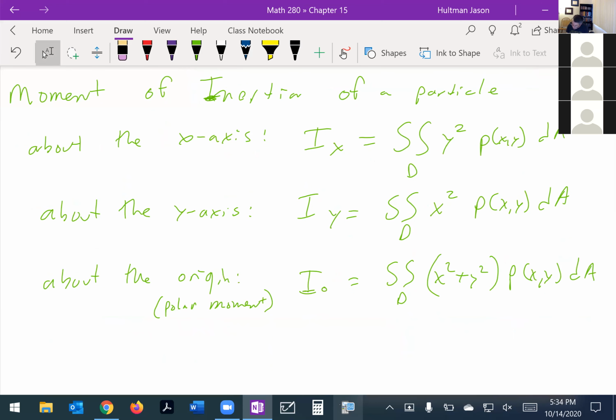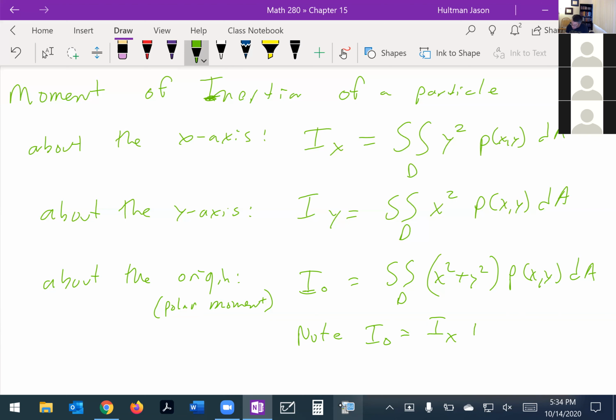So this thing is called the polar moment. And note that this is separable. I could separate this into 2 double integrals, a double integral involving x squared and a double integral involving y squared. Oh, well, isn't the double integral involving x squared I sub y?